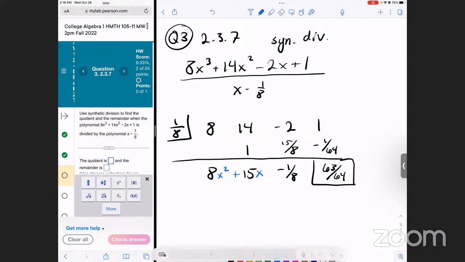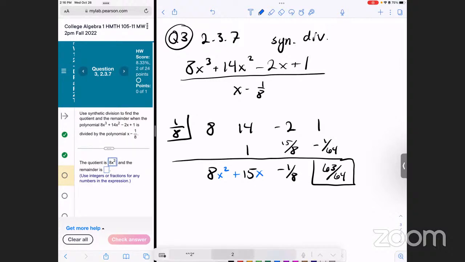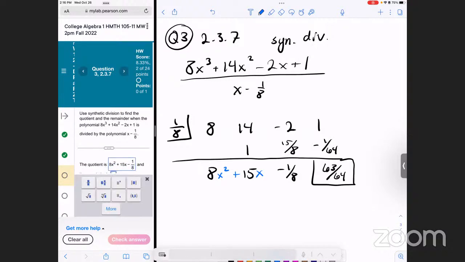The quotient ends up being 8x to the power of 2 plus 15x minus 1/8. And the remainder is 63 over 64. Let's go with that.